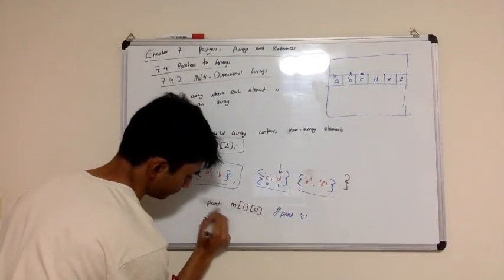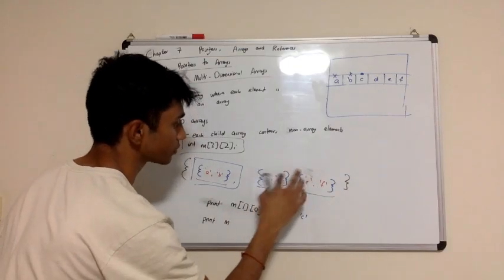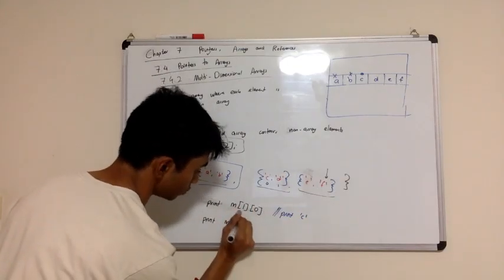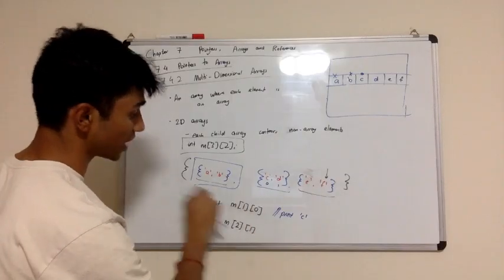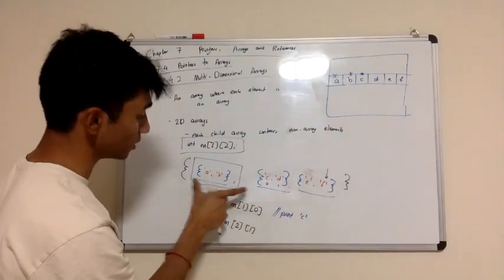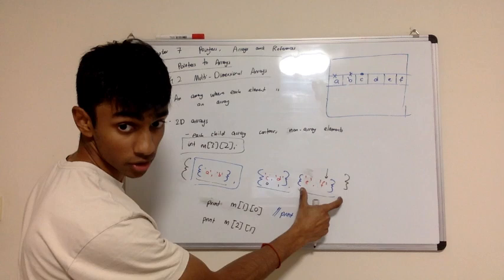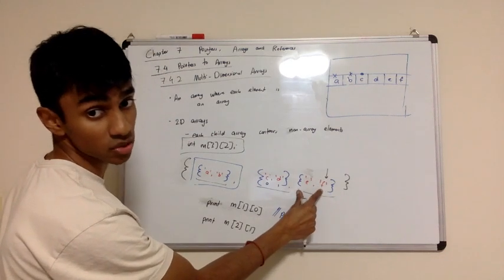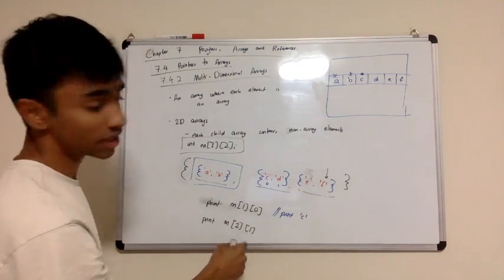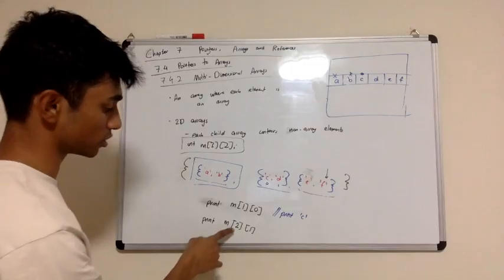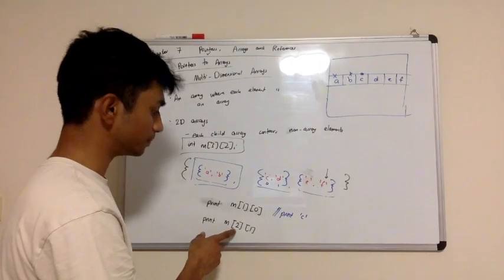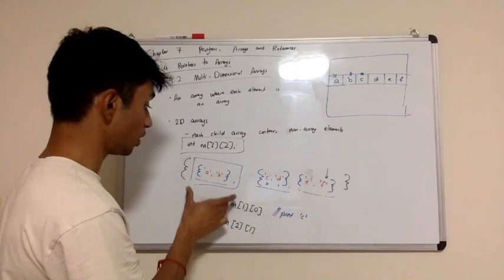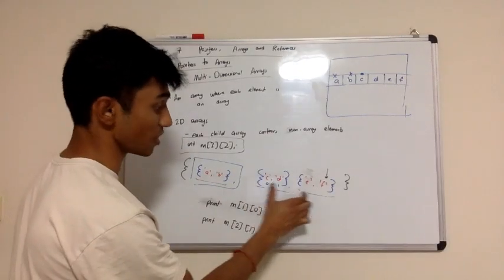If we wanted to access the letter D, we would do print. Maybe not D, maybe do F, because I think that's better. We would do 2 and 1. Why 2 and 1? Because F is in the child array at position 2, 0, 1, 2. And then within that child array, it's in position 1, 0, 1. So we do 2 and 1. The compiler would see the 2 and say, I have to skip the first 2 elements. How big is each child array? I have to skip this one, and this one, and then I can get to this one.